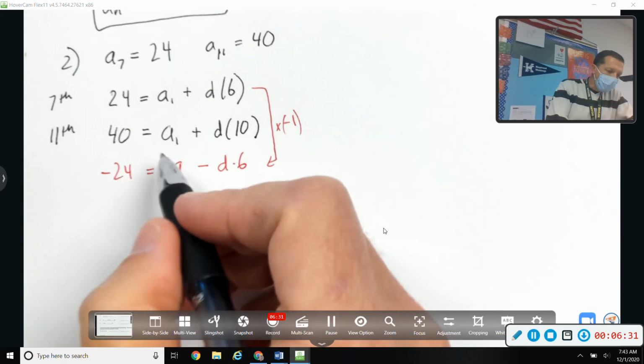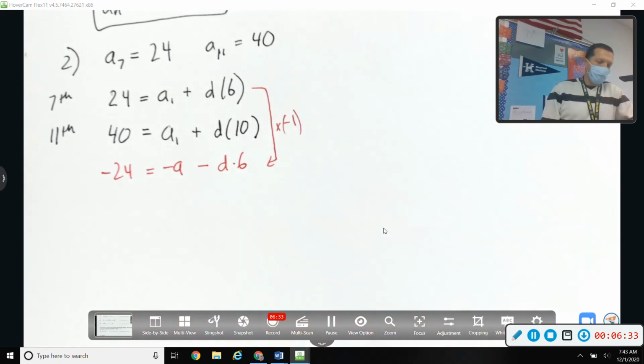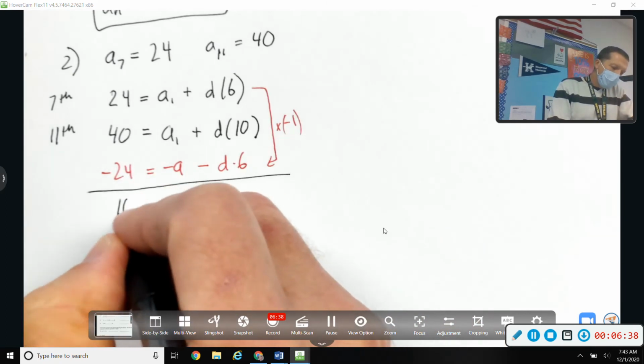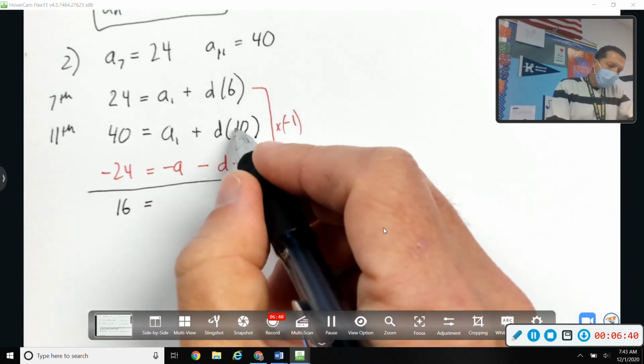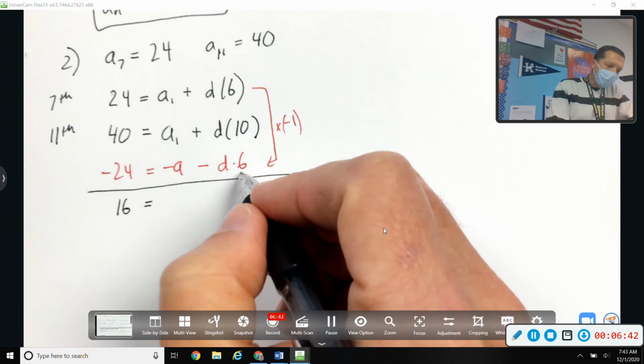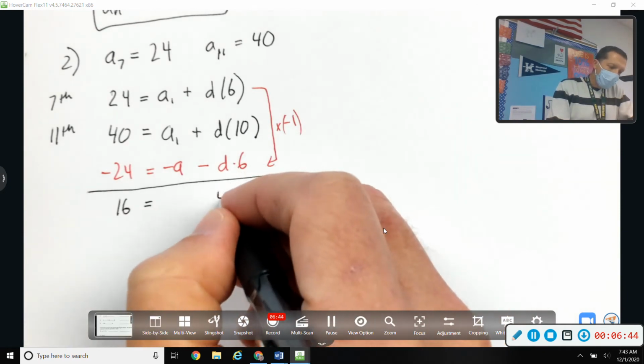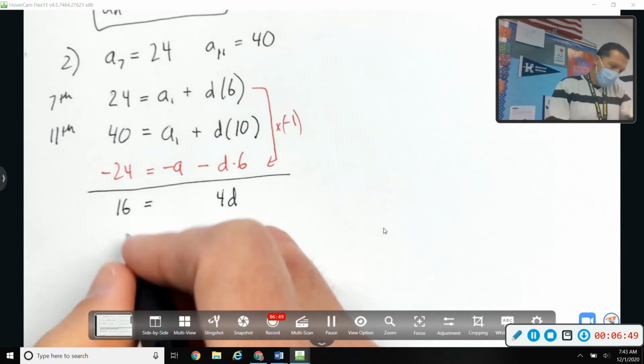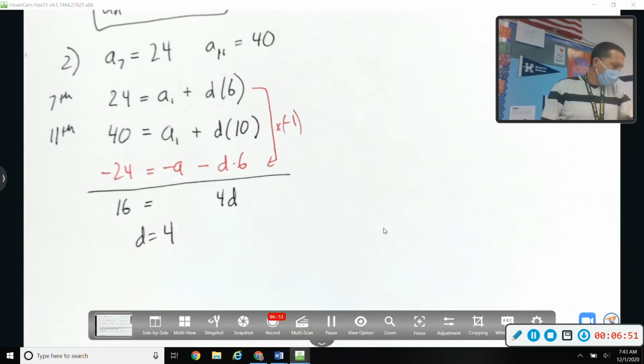And the reason we did that is so that the A1s will go away. So 16 equals 10D minus 6D, which would be 4D, and the A1s went away. So D equals 4. So there's part of what we need to know.